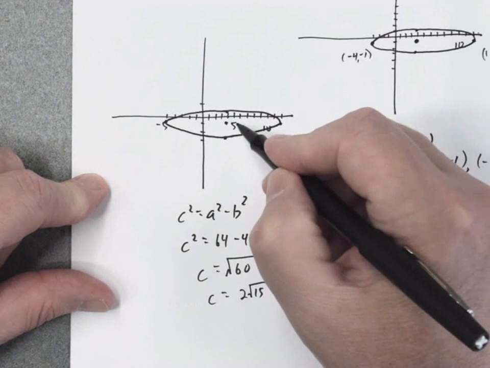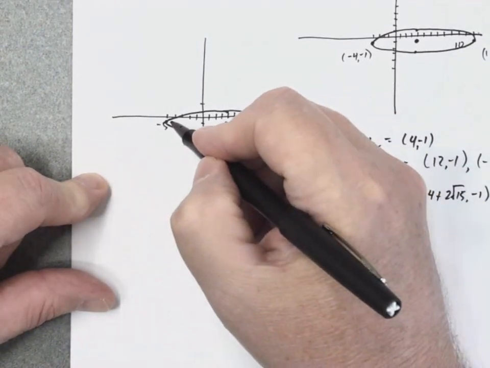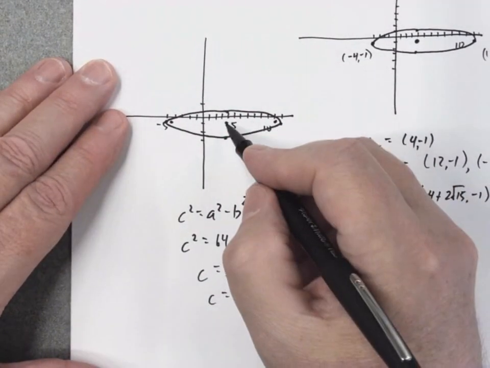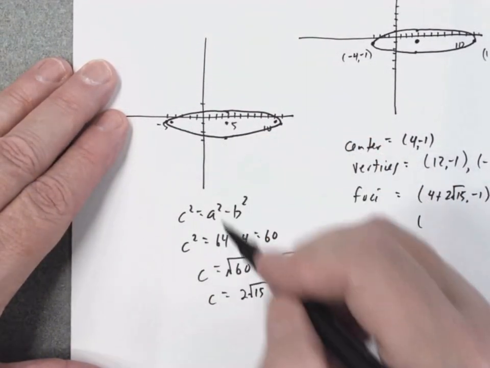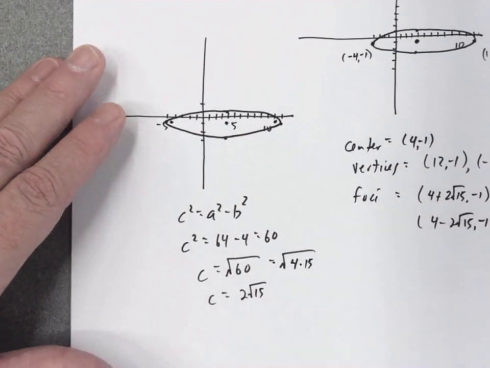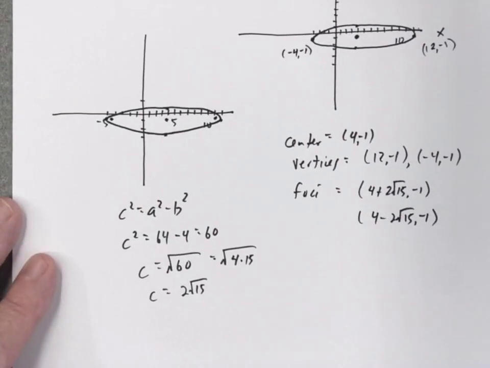So it's almost to the vertex. But then the other direction, I start here at 4 and I have to subtract 2 square root of 15.